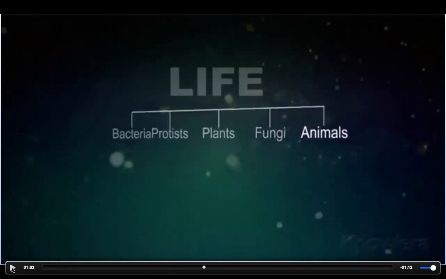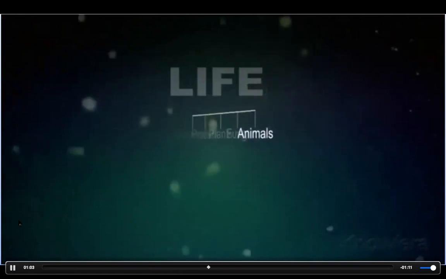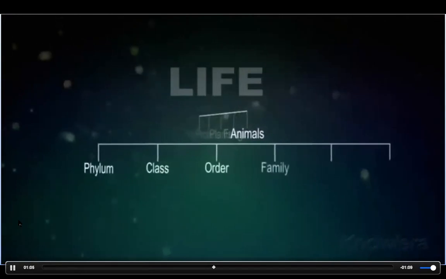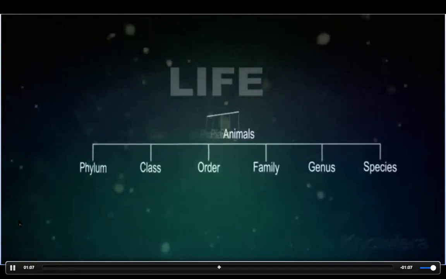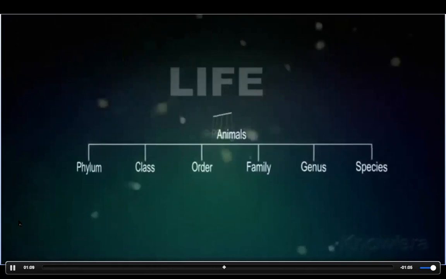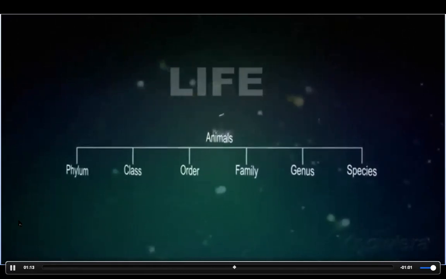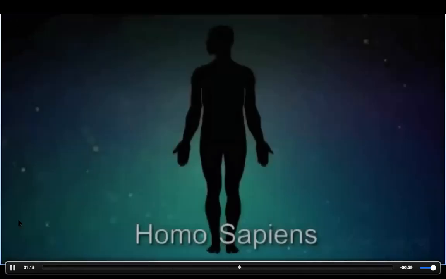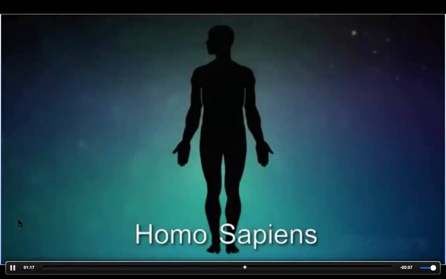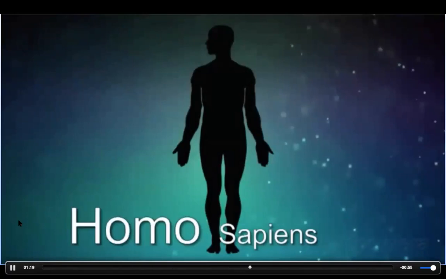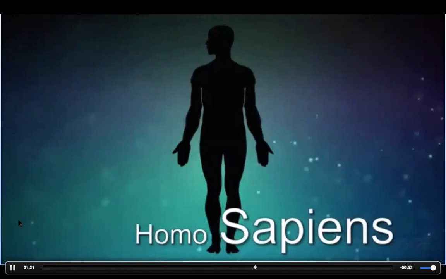I'm not sure why they said 5 kingdoms, but it's actually 6. Each organism is then classified into the following groups: phylum, class, order, family, genus, and species. It is the genus and species that makes up an organism's scientific name. For example, the scientific name for humans is Homo sapiens, where Homo is the genus and sapiens the species.